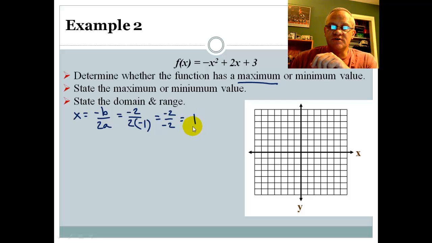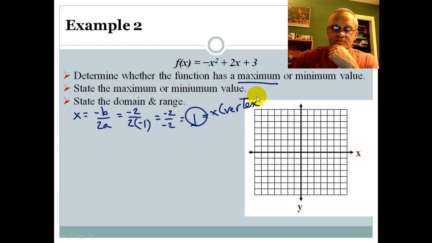So this is not the minimum or maximum value. This is the x, the x at the vertex. Okay? We want to find the y at the vertex. So all we have to do is take this 1 and plug it back into this equation, because that will tell us what y is, because f of x is really just a big y.